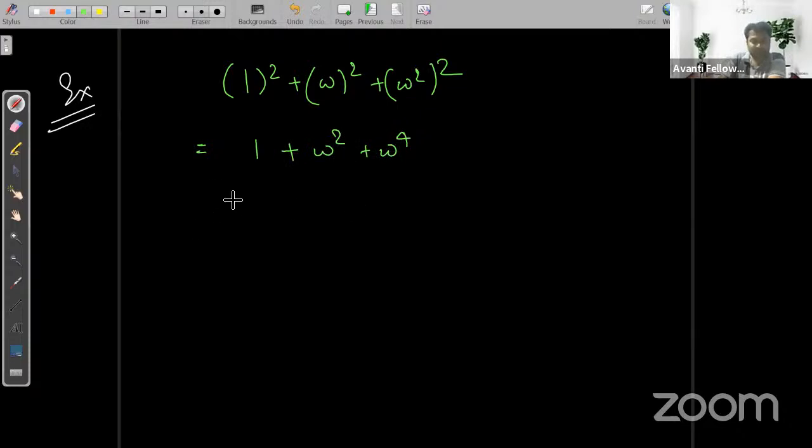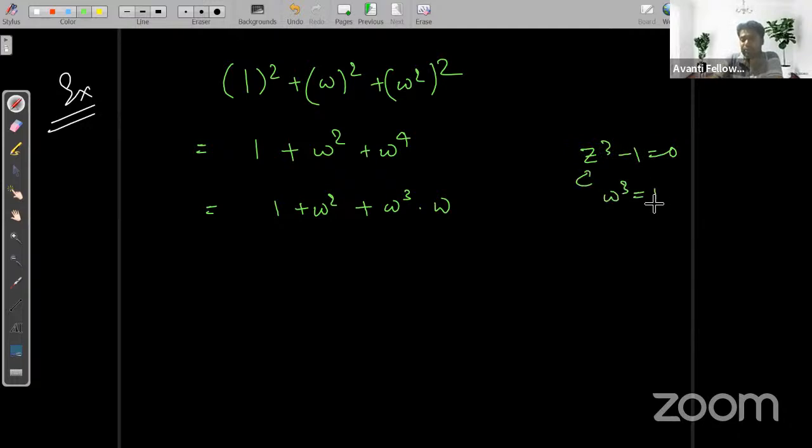Omega to the power 4 can be written as omega cube into omega. And we know z cube minus 1 is equal to 0, and omega is a root of this equation, so omega cube is equal to 1. So omega cube becomes 1, and 1 plus omega plus omega square is equal to 0.